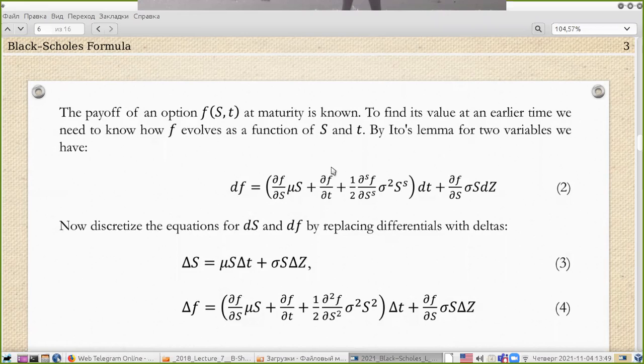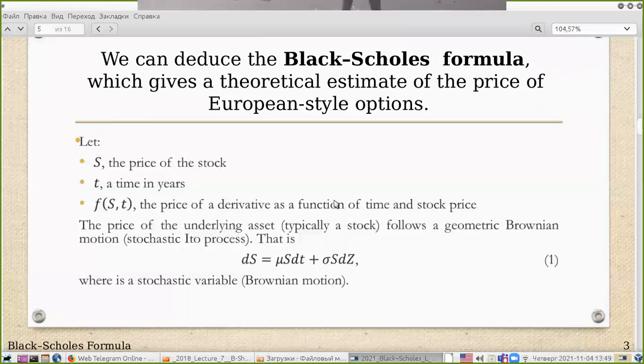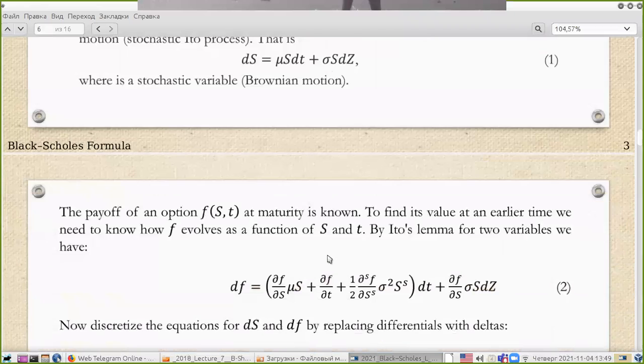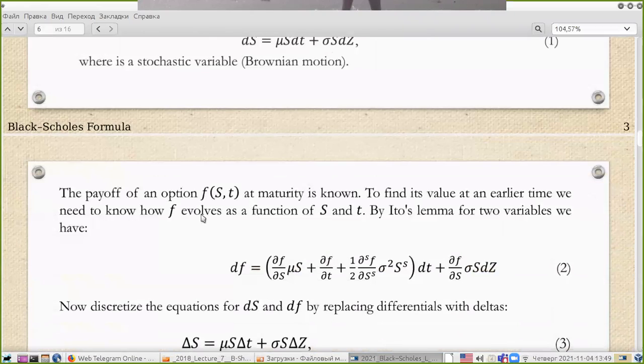So formula 2 is the formula when we use Ito's lemma on equation 1. So we have ds, and we have function G of S and t. We don't use now that it is different, we only write f.